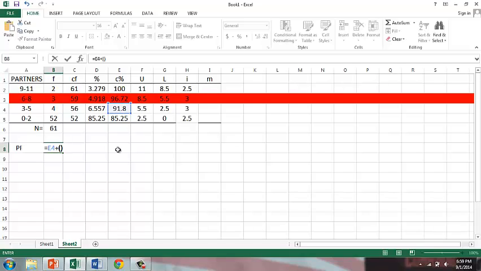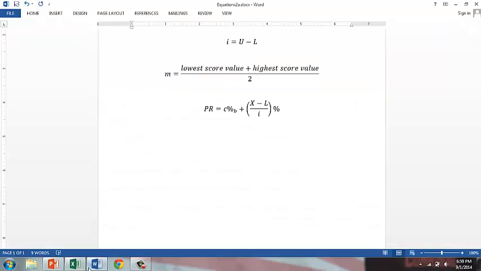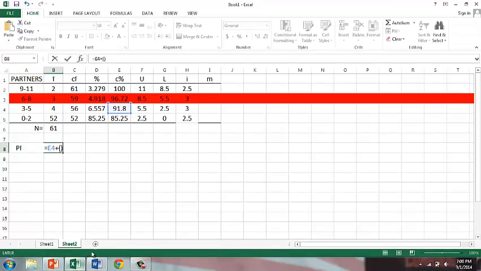And so I'm going to create a set of parentheses, and I will put that second term within those parentheses. So this whole part of the equation will go in the parentheses. Now, the first thing I want it to do is subtract the lower limit from our score.